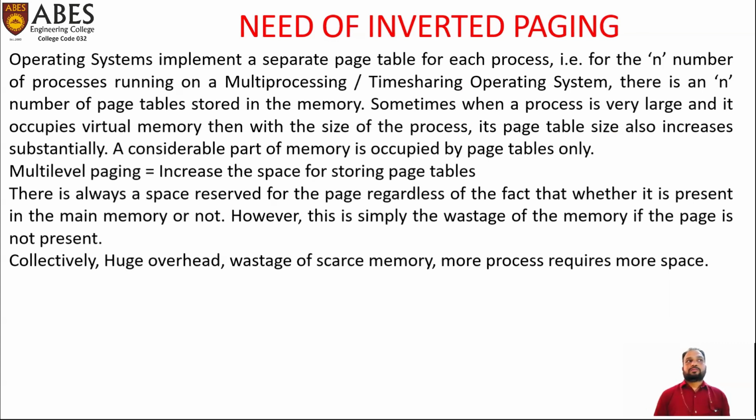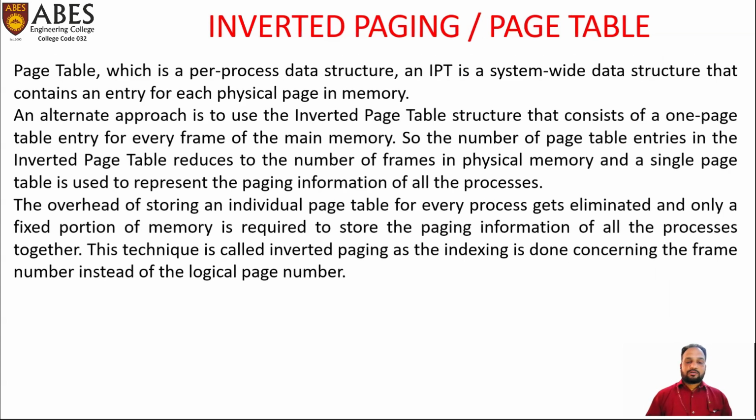So this is simply a wastage of the main memory, whether the page is present or not. Collectively, one can say that it's a huge overhead, a wastage of scarce memory, and more processes require more space. So these were the disadvantages of paging and its subsequent form, multi-level paging.